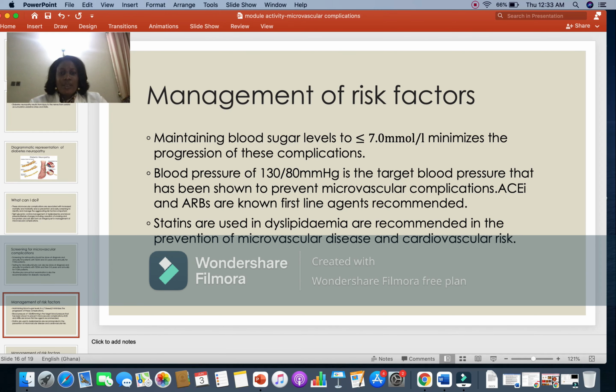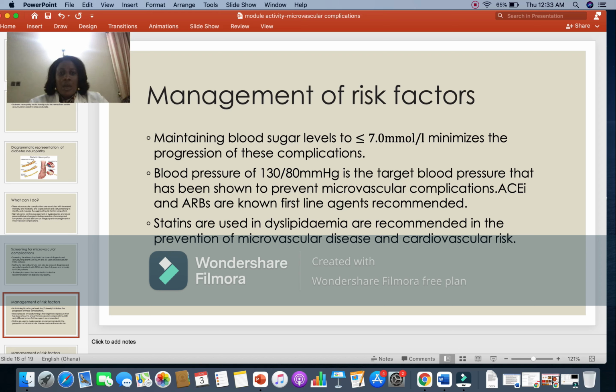Management of risk factors. Maintaining tight glycemic control so that the blood glucose is below the recommended 7 millimoles per liter is shown to minimize the progression of these complications. This involves using novel anti-diabetic medications, insulins, and various recommended regimens, such as basal plus and basal bolus regimens of insulin administration.